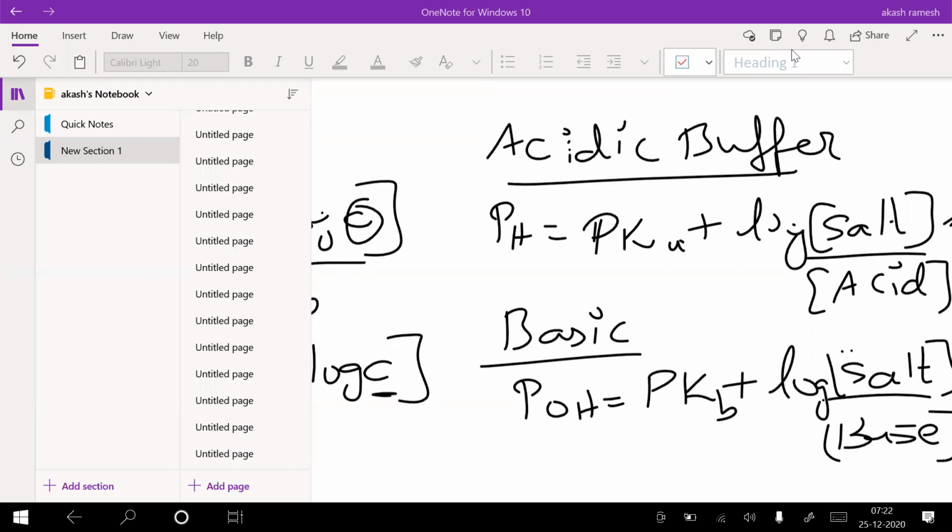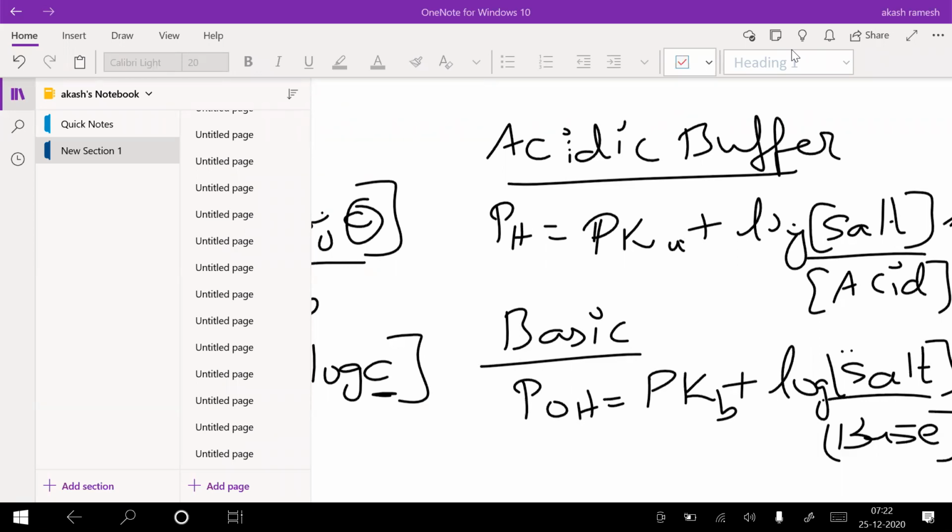Sir, is it buffer solution based? Obviously, right? It is buffer solution. Now, how do you find it out? I told you, whenever two concentrations, one is the base or the acid concentration and the salt concentration, are given to you, it is going to be a buffer solution problem. Here I have NH4Cl, salt, and NH3, base. Instead of NH3, I could even have given NH4OH because both are same.